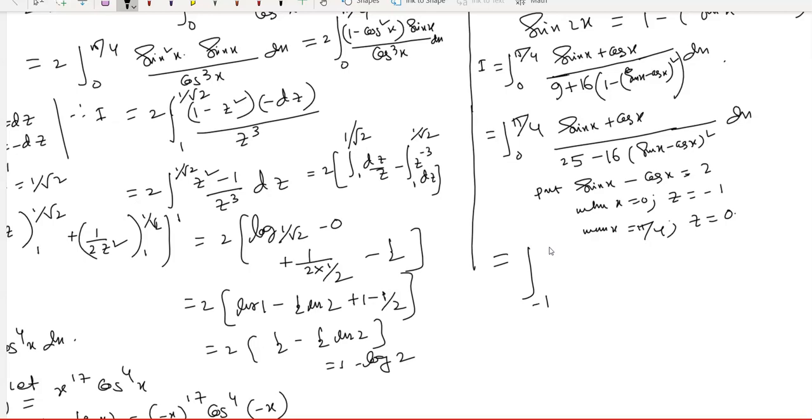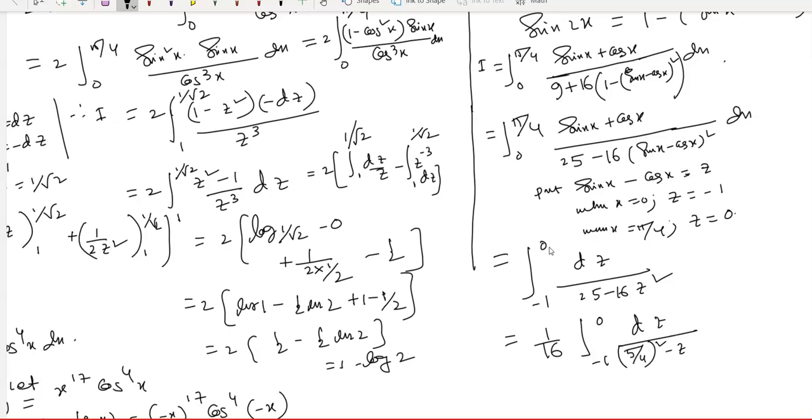And when x is pi by 4, the result is going to be 0. So dz, because the derivative of this is cos x plus sin x dx, will be equal to dz over 25 minus 16z square. If you take 1 by 16 outside, dz by 25 by 16, which you can write as 5 by 4 whole square minus z square.